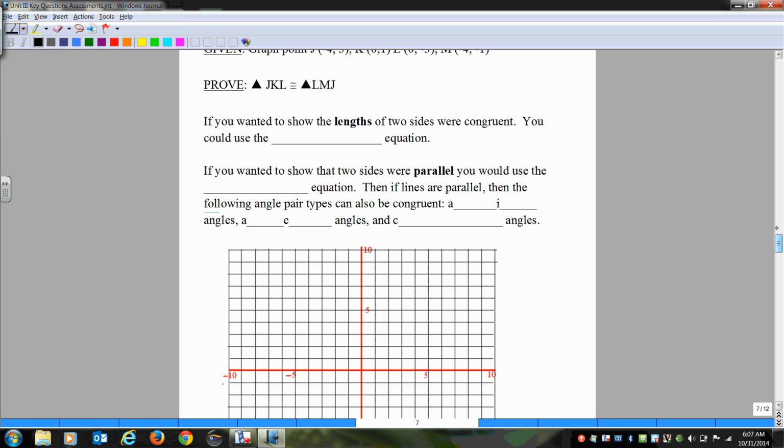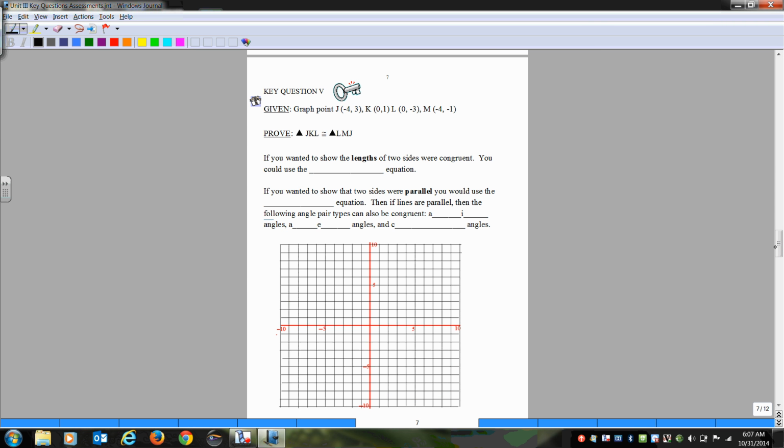We have here a quadrilateral, and we're going to graph. J is at -4, +3. Always put your coordinate points on there. K is at 0, 1.